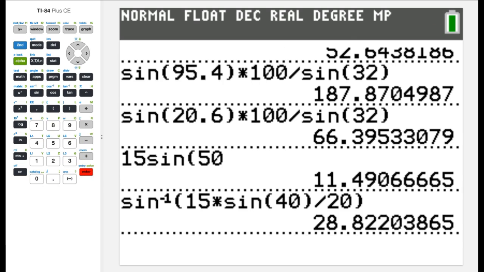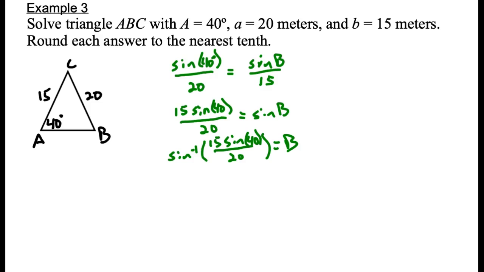So we get that this missing angle is about 28.8 degrees. So 28.8. And again, make sure somewhere you're organizing your answers like this.